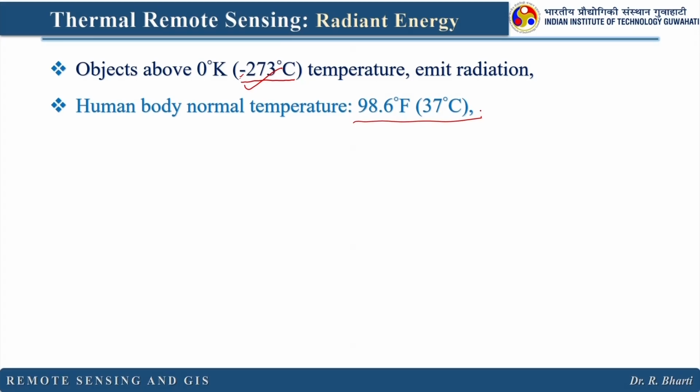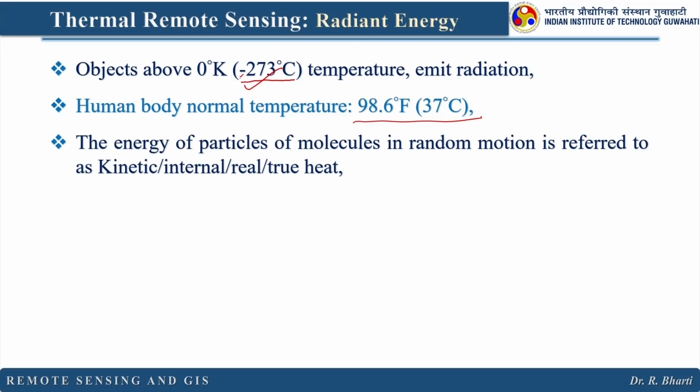So all the time we are emitting some energy, which we can see in thermal imaging images, right? The energy of particles or molecules in random motion is referred to as kinetic, internal, real or true heat. This is known as kinetic temperature, or sometimes internal temperature, real heat or true heat. Names are different, but basically we are referring to the energy of particles of molecules in random motion.